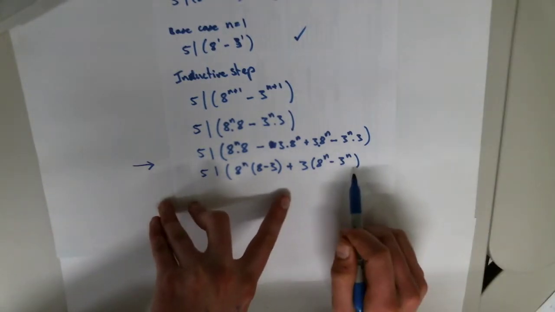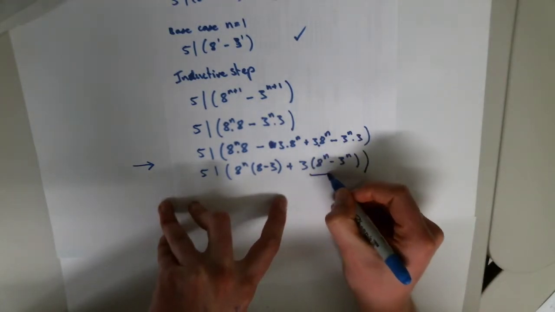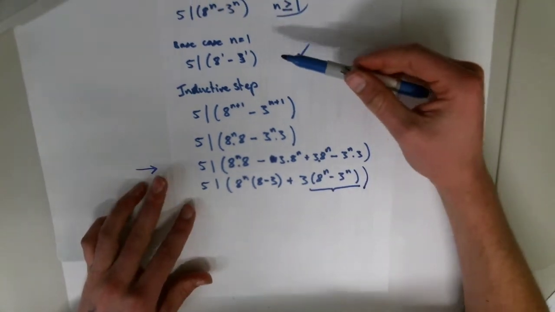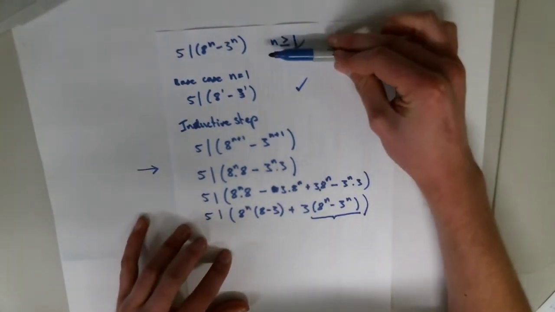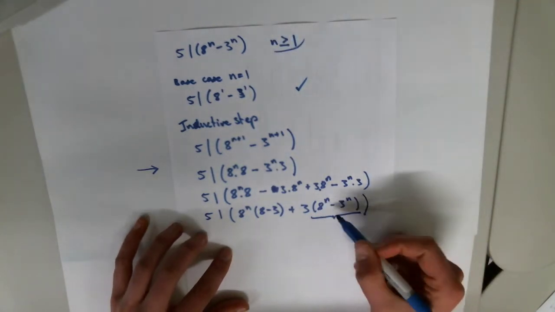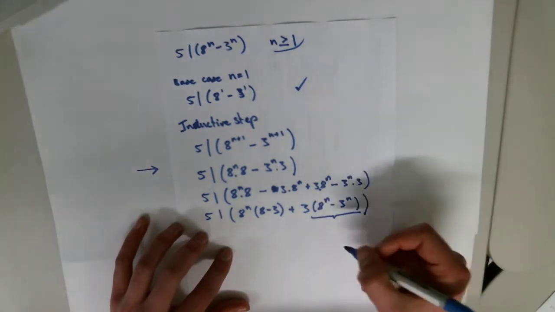So, looking at this expression here first, sorry, I'll close my brackets and be neat. This term here is divisible by 5 if our original case is true. So we know this is divisible by 5, and if that is multiplied by 3, that will also be divisible by 5.